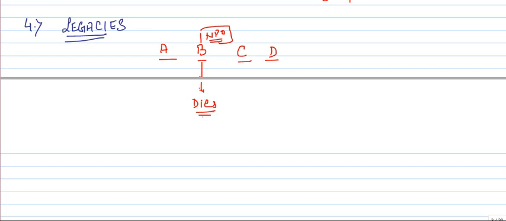Right? And before he dies, he has written in his will that when I die, out of the amount that is lying in my accounts, or the amount that is lying in my name, 40,000 should be given to my NPO.